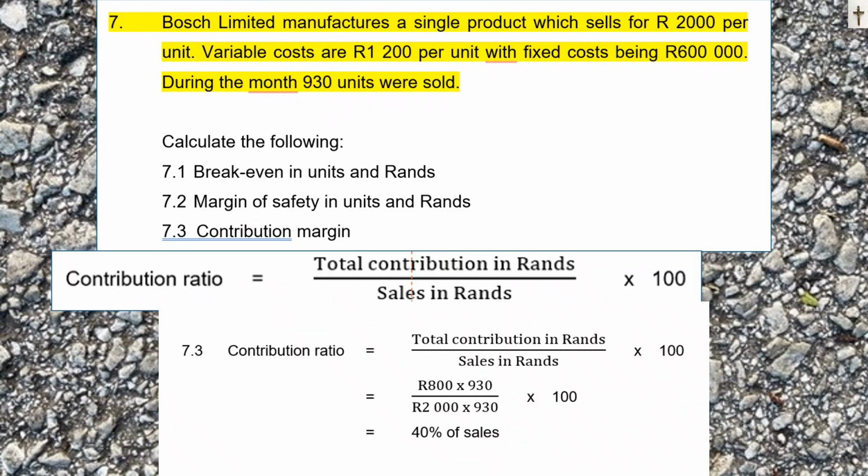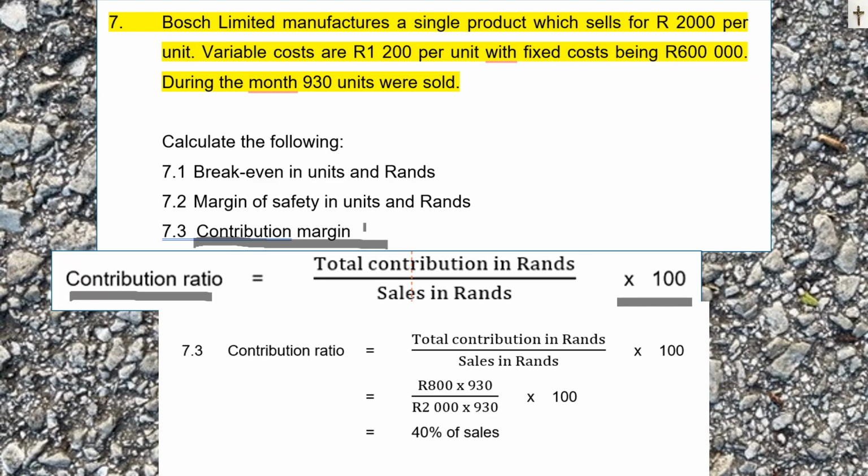The last thing we need to calculate is the contribution margin. The contribution ratio or contribution margin is shown as a percentage, so we need to multiply by 100.